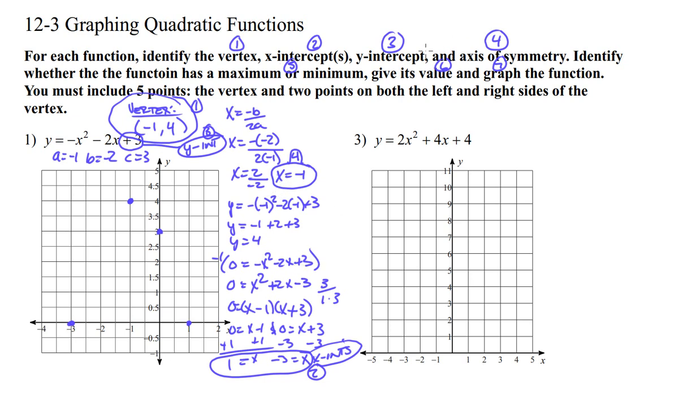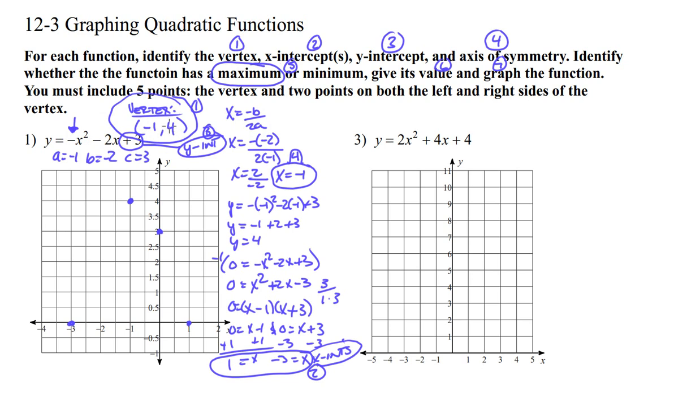Okay, let's see. Now, this graph here, it's asking is there a maximum or a minimum? And you can actually always tell by the sign in front of the leading coefficient. Since it's negative, that means this graph is going to open down, which means it's going to have a maximum. And then what's the maximum value?